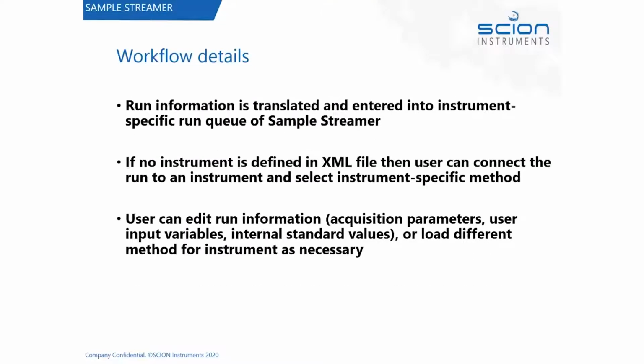So the run information is translated and entered into the instrument-specific run queue. If there is no instrument defined in the XML, again, this goes to what additional information you need to add. So maybe you only want to add the samples and then let the user decide which instrument it's going to be run on.